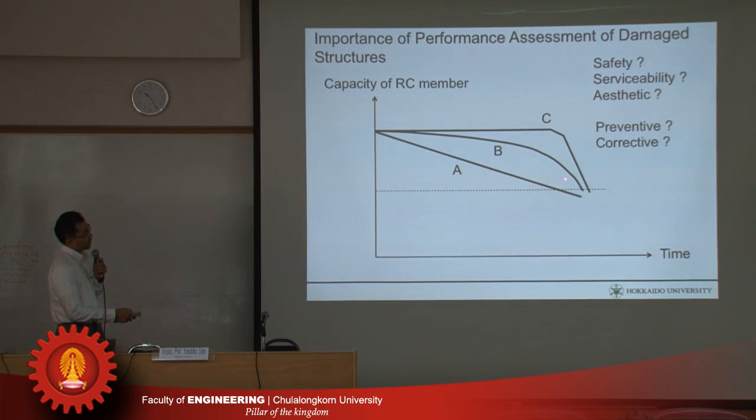And the intersection point represents its lifetime. Anyway, we have the possibilities: A, linearly reduced; B, gradually reduced; and C, rapidly and quickly reduced at a certain point. Which is the correct one? The actual one is C.